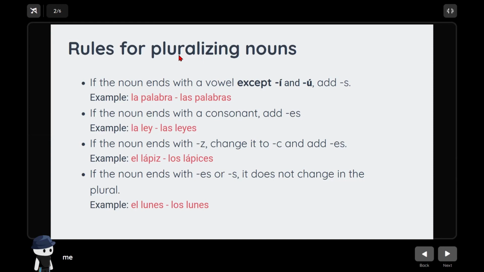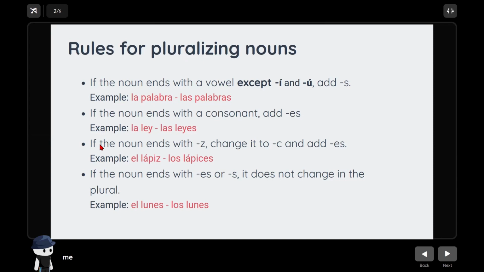We follow this pattern. Now, the final rule is if the noun ends with es or with an s, it does not change in the plural. It stays the same. El lunes, los lunes. We have some examples like that in English, of course.